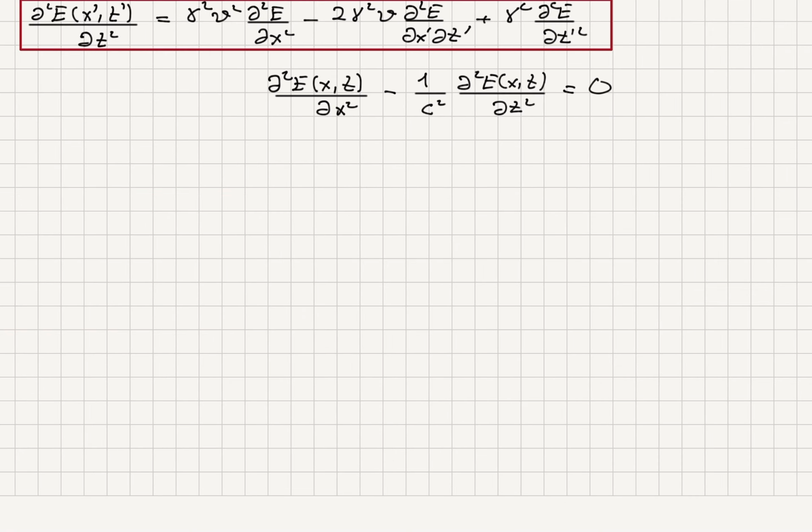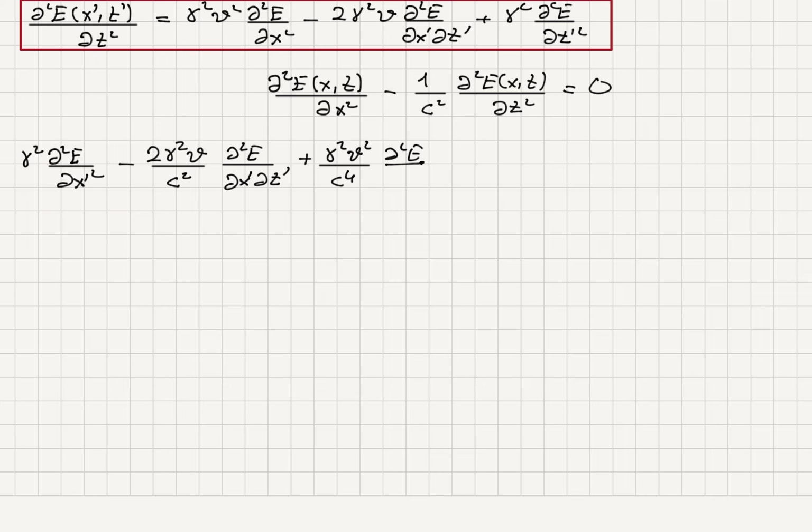So that's going to be γ² ∂²E/∂x'² minus 2γ²(v/c²) ∂²E/∂x'∂t' plus γ²v²/c⁴ ∂²E/∂t'². Then I'm going to substitute for ∂²E(x',t')/∂t² multiplied by 1 over c².